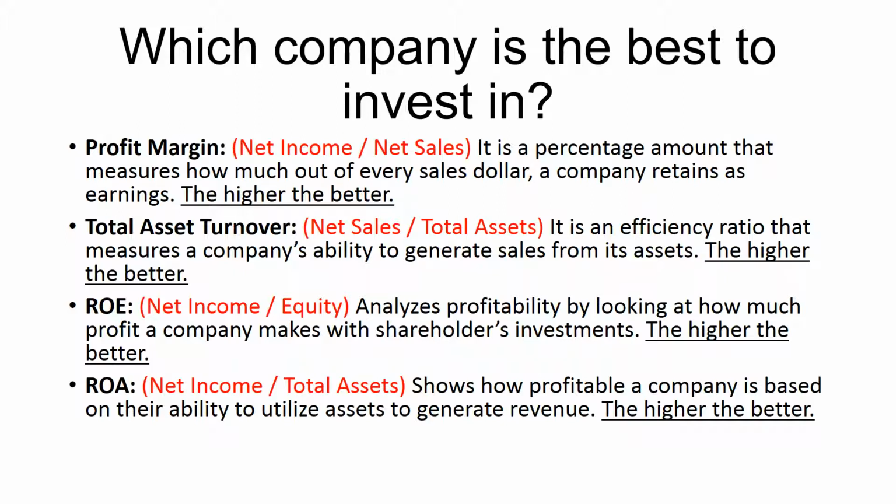ROE is net income divided by equity. ROE analyzes the profitability of a company by looking at how much profit a company can make with its shareholders' investment. Finally, we're also going to be analyzing the ROA of these companies. ROA shows how profitable a company is based on its ability to utilize its assets to generate revenue.